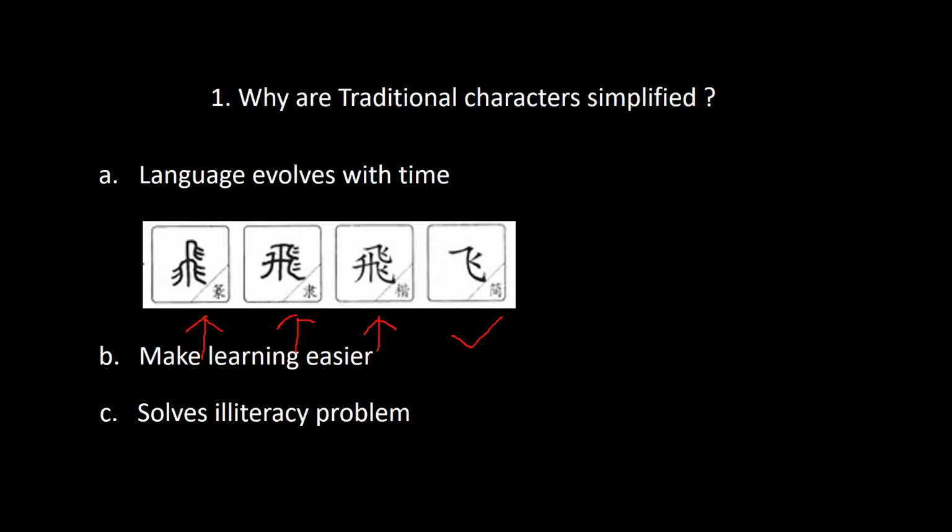Of course, not all characters are simplified. Some words cannot be simplified anymore. Those words that have a lot of strokes, like more than 15 strokes or more than 20 strokes, there is a strong need for these characters to be simplified.